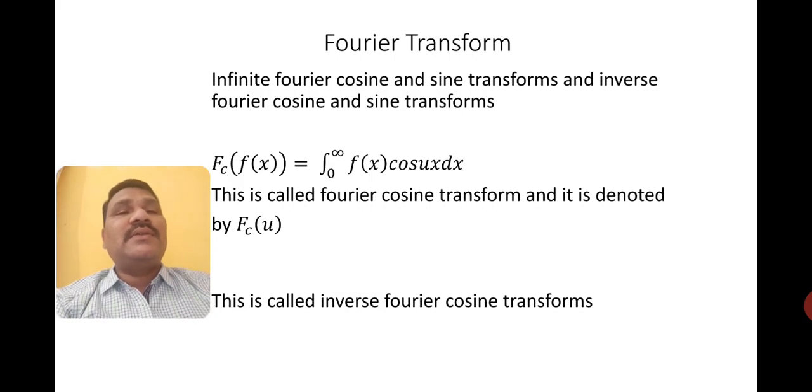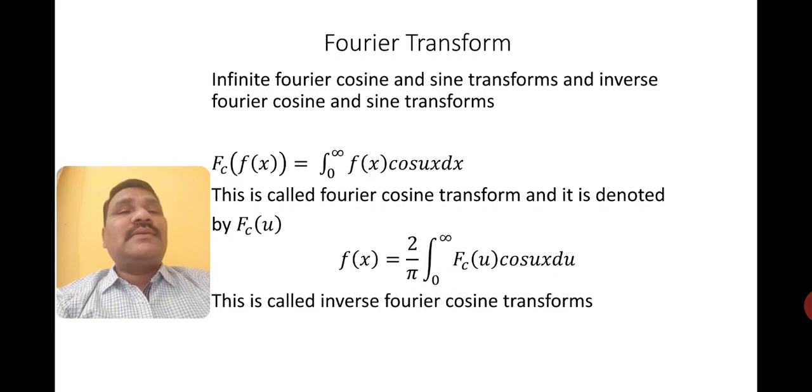You just see the limit of the integration: earlier it is minus infinity to plus infinity, but now it moves to the right side of the x-axis, that is 0 to infinity. Integral of f of x cos u x dx is called the Fourier cosine transform and it is denoted by fc of u, right? Next, the inverse: f of x is equal to 2 by pi integral 0 to infinity fc of u cos u x du. This is called the inverse Fourier cosine transform, right?